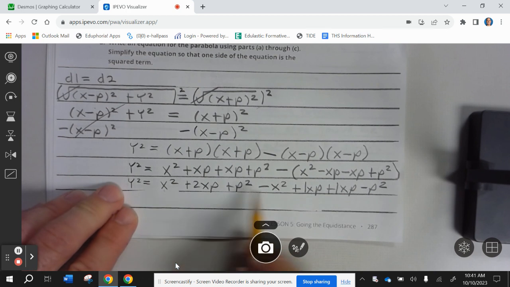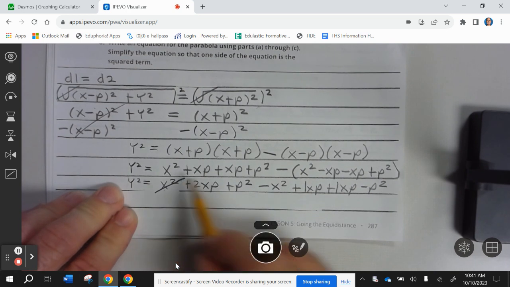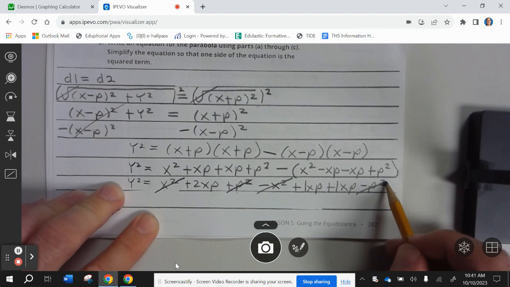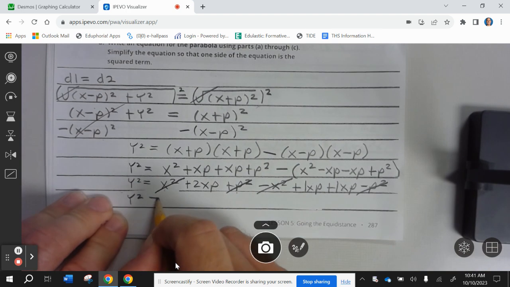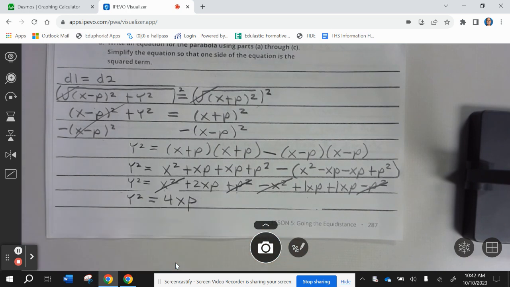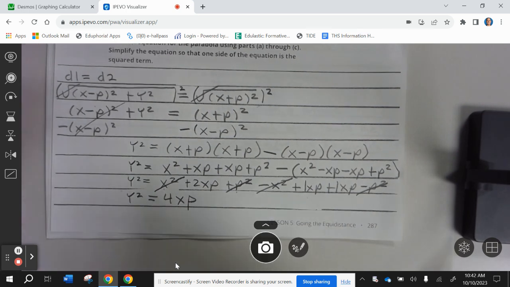Now, x squared minus x squared cancels. p squared minus p squared cancels. So you're left with y squared equals 4xp. Okay, go ahead and finish that up. All right, let's take a look at the next page.